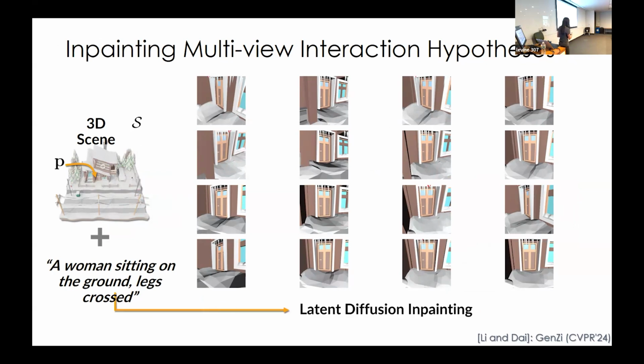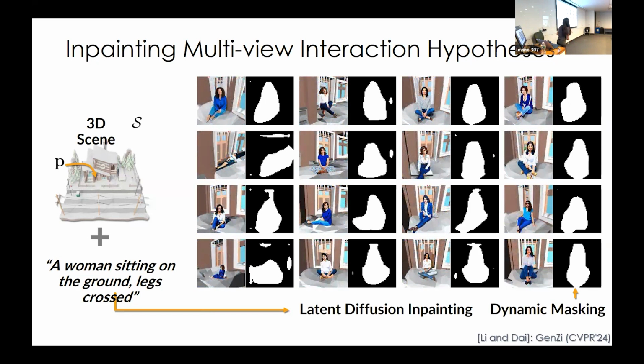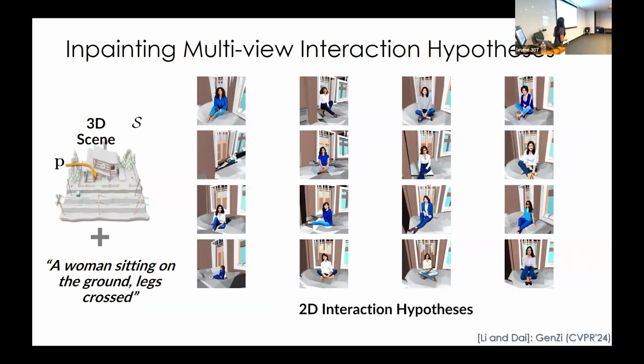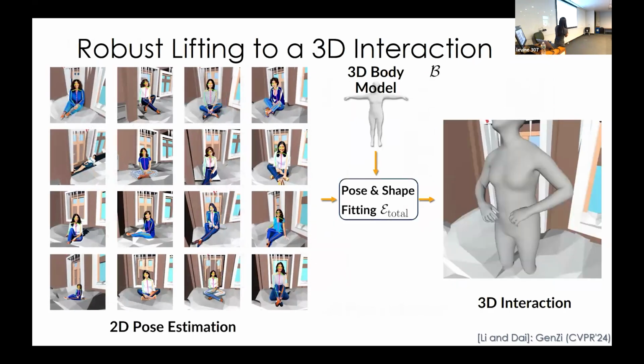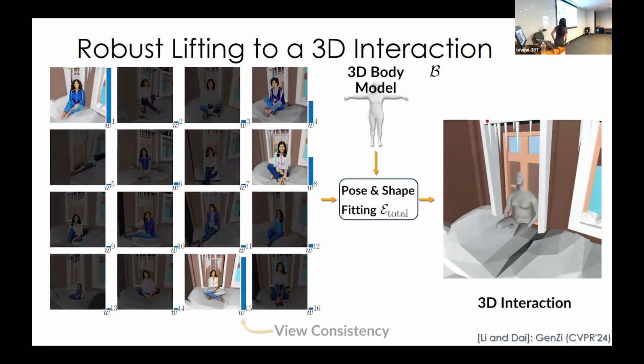But we can take a look at the attention maps for the person part of the sentence in order to figure out where the in-painting should occur. That produces a bunch of interaction hypotheses. Now, these are not going to be view consistent with each other. So we approximate them all with 2D poses and try to optimize for the most view consistent set of hypotheses that allow for the 3D interactions.